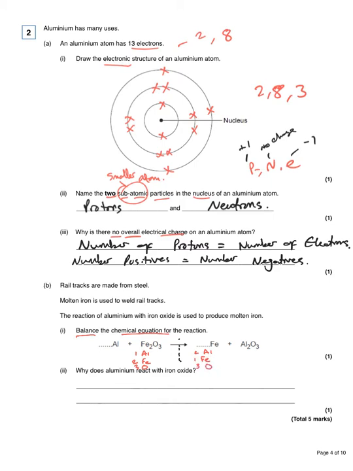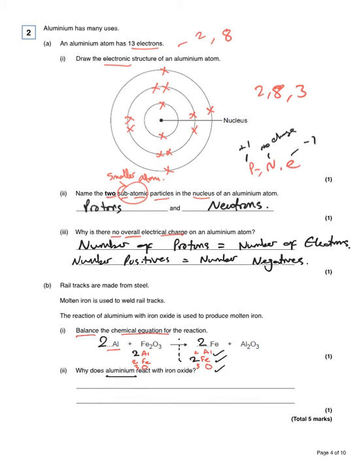So I've got the same number of oxygens, so I'm happy with my oxygens, don't need to do anything there. But I've only got 1 aluminium here and 2 here. So I need a big 2 here, so I've got the same amount of aluminiums on each side. And I need a big 2 here to get the same amount of iron on each side.